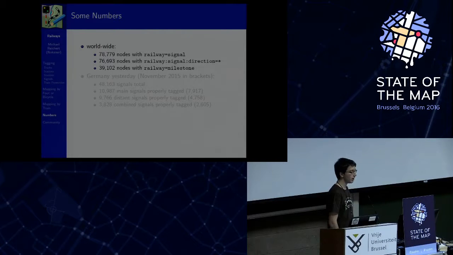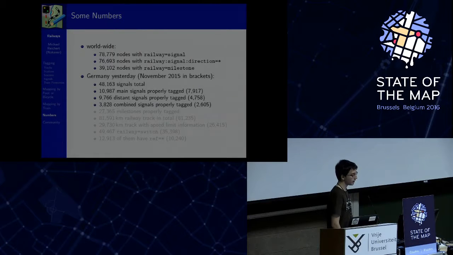There are currently almost 80,000 railway signals in OpenStreetMap worldwide, and most of them have the direction tag, and 39,000 milestones. I've calculated the numbers for the Germany extract from Geofabrik from yesterday, and the numbers from November 2015 are in brackets. There are 48,000 signals in total.